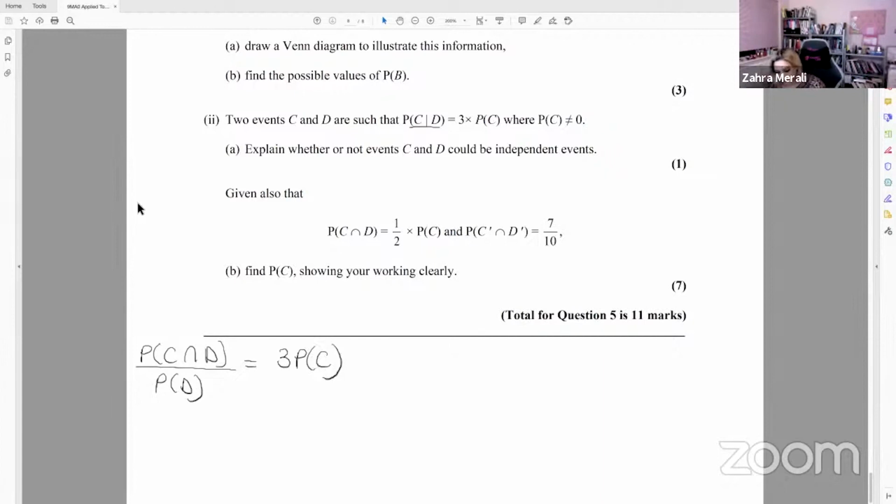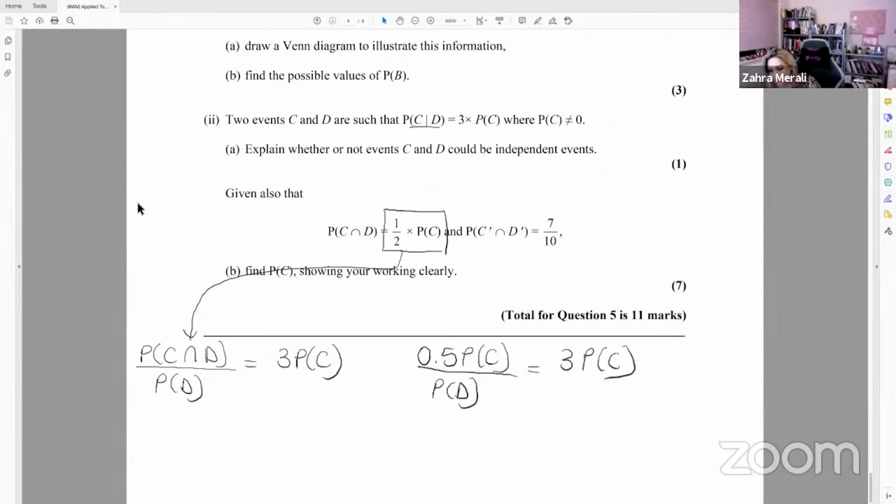We also know that the probability of C and D is a half the probability of C. So now we can substitute that into here. So we get 0.5 probability of C over the probability of D equals 3 lots of the probability of C. There's C on both sides, so those cancel. And now we found our probability of D, which will give us 1/6.